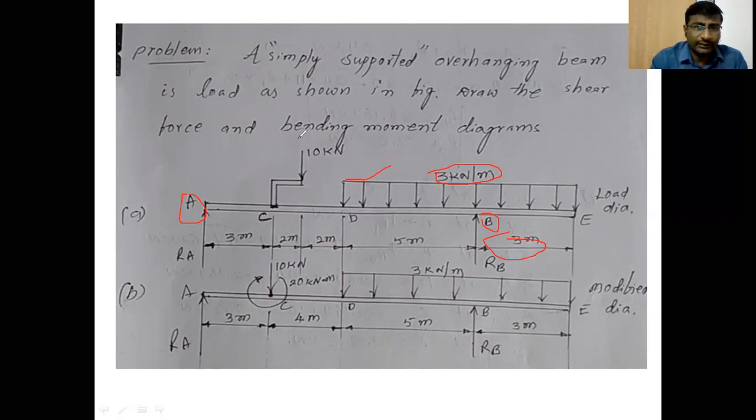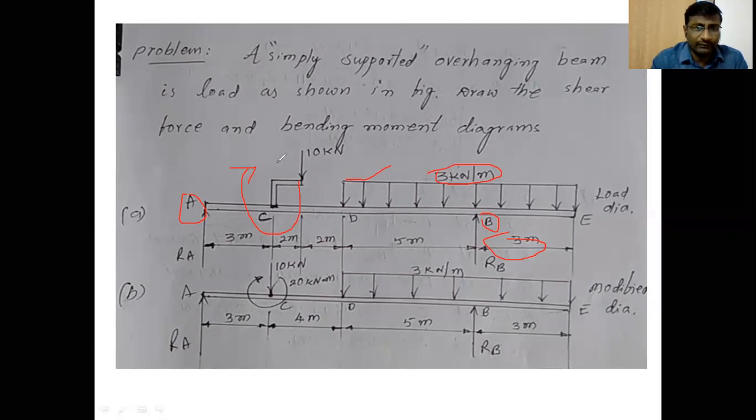Due to this 10 kilonewtons, what is going on at point C? The direct load of 10 kilonewtons is acting at point C. Also, one couple, or moment, is developed at point C, because the 10 kilonewtons acts at a distance of 2 meters from C on the right side, in the downward direction.